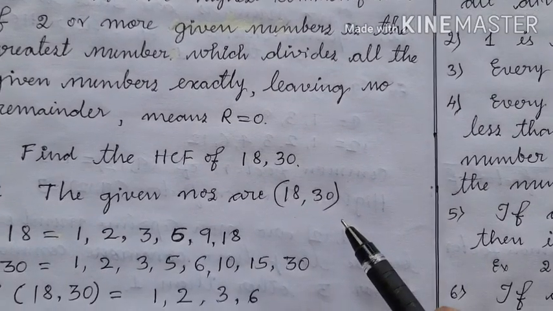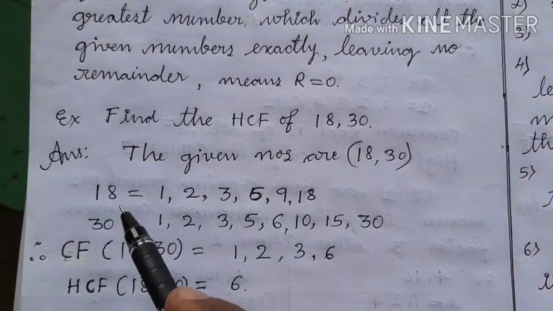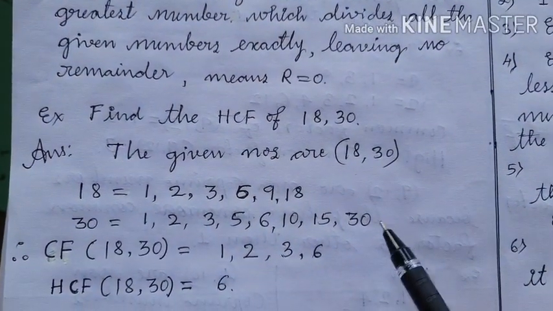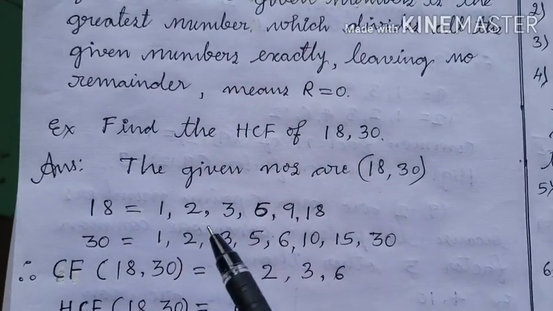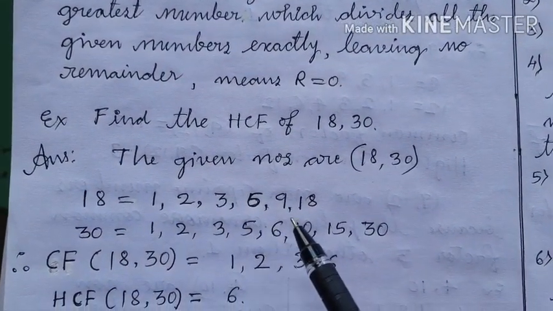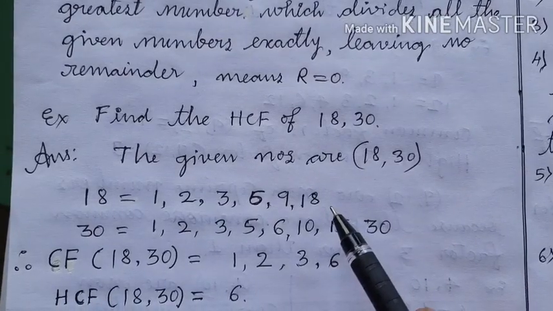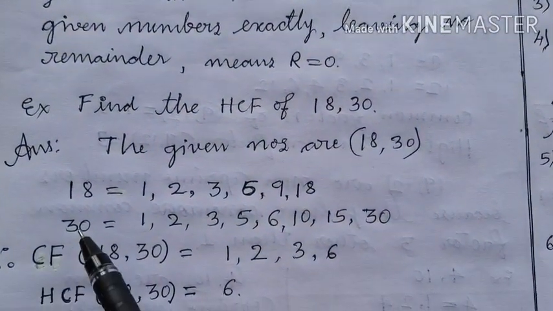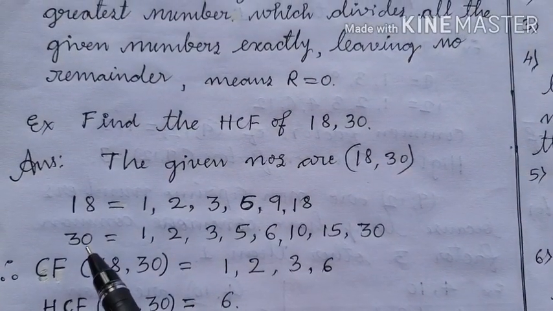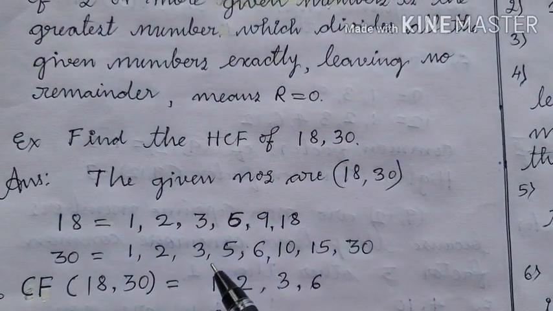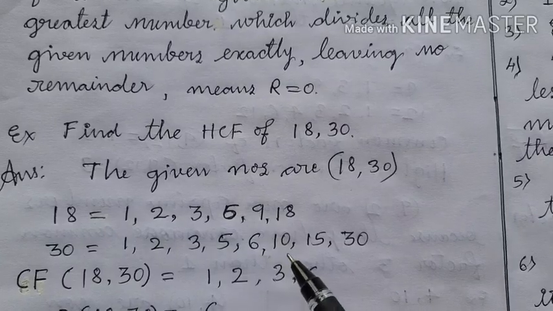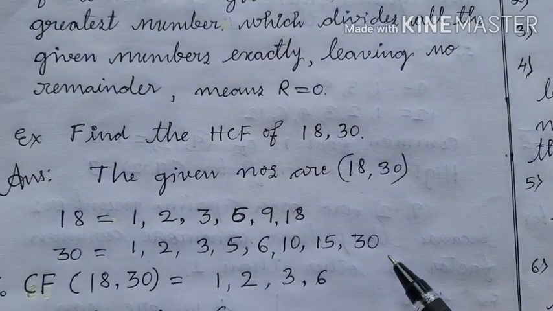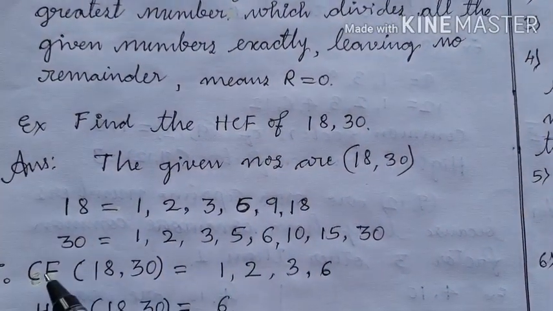First, what we should do is list the factors of 18. Which are the factors of 18? 1, 2, 3, 6, 9 and 18 are the factors of 18. Then list the factors of 30. Which are the factors of 30? 1, 2, 3, 5, 6, 10, 15 and 30 are the factors of 30.